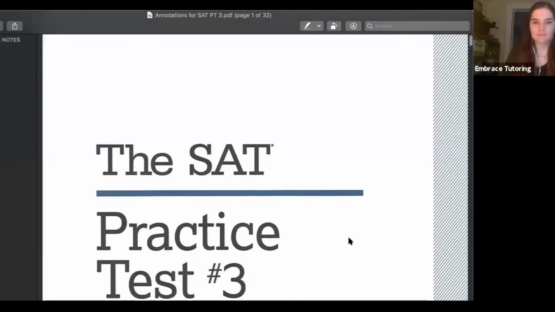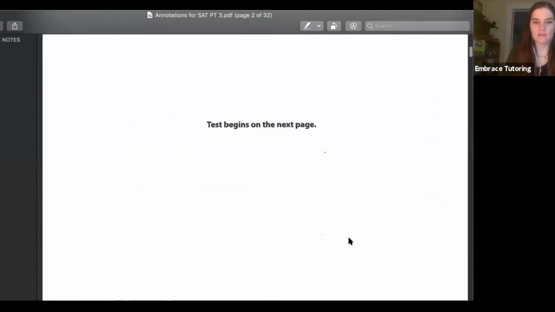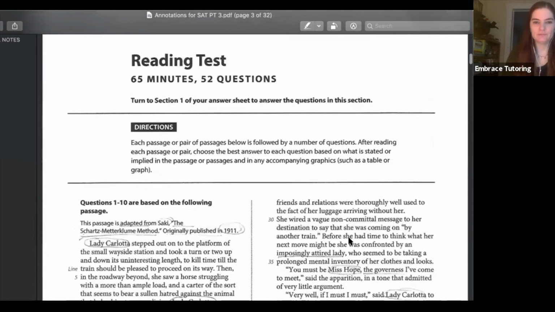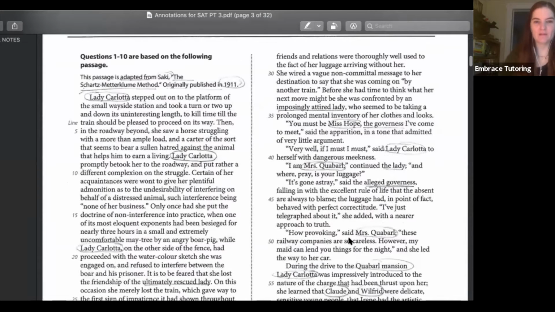So, practice test 3. Who found this passage about Lady Carlotta to be tricky? Anyone? No? Remember to use your strategies.